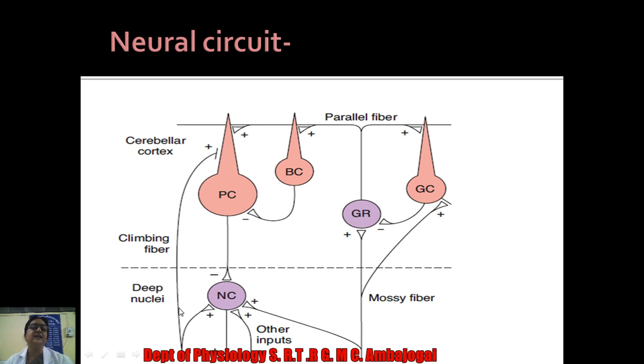Here there are two afferents of 2 types: the climbing fiber type afferent and the mossy fiber type afferent. These climbing fiber afferents are very important for the functions of the cerebellum. They have the main role in learning and in correcting errors while doing the cerebellar function.